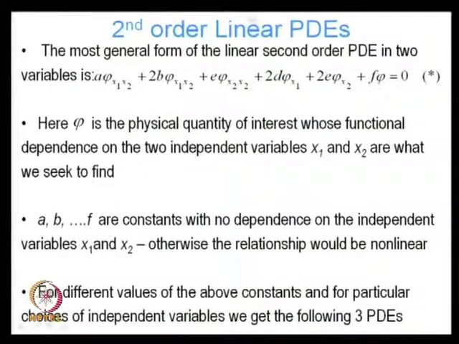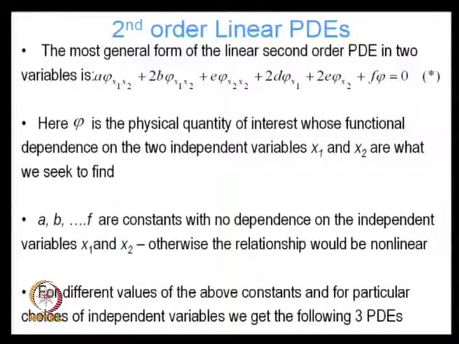If any of these constants are functions of either of the independent variables, we are no longer going to have a linear equation. Phi is the physical quantity of interest whose functional dependence on the two independent variables x1 and x2 we seek to find.